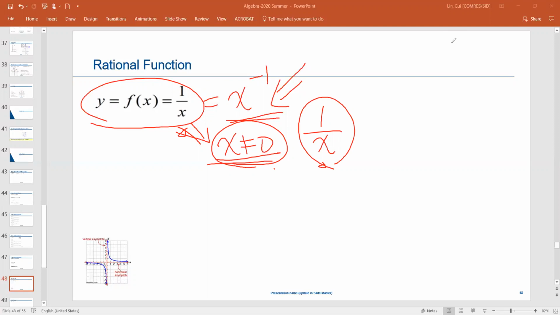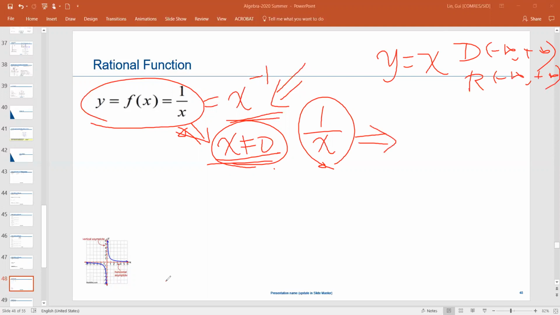Like right now, for y equals x, the domain is negative infinity to positive infinity, and the range is negative infinity to positive infinity. In this case, the domain is changed.